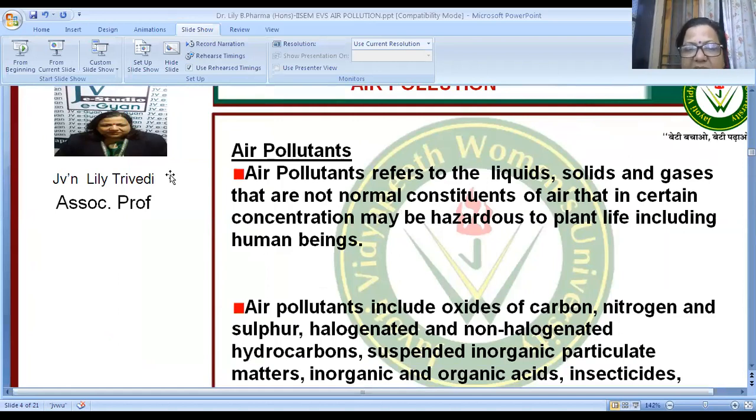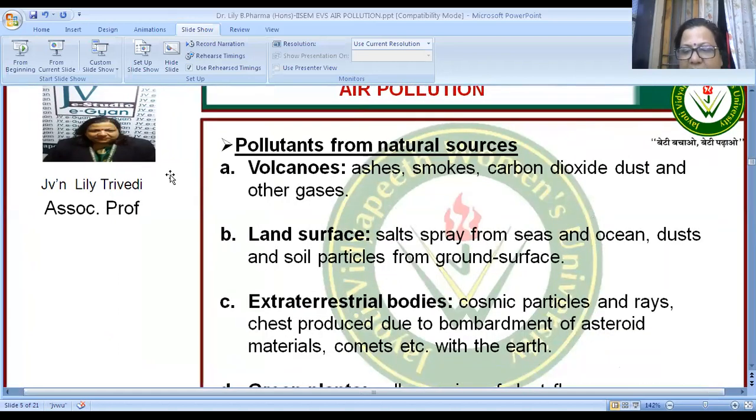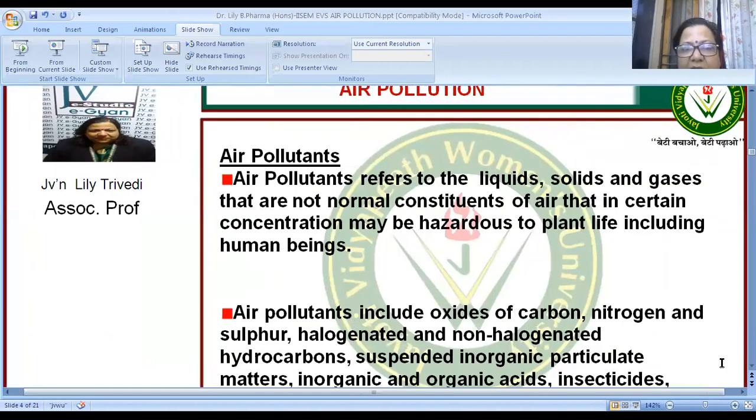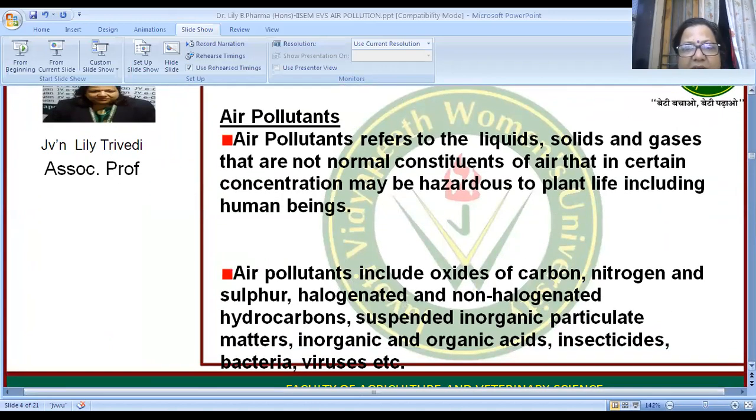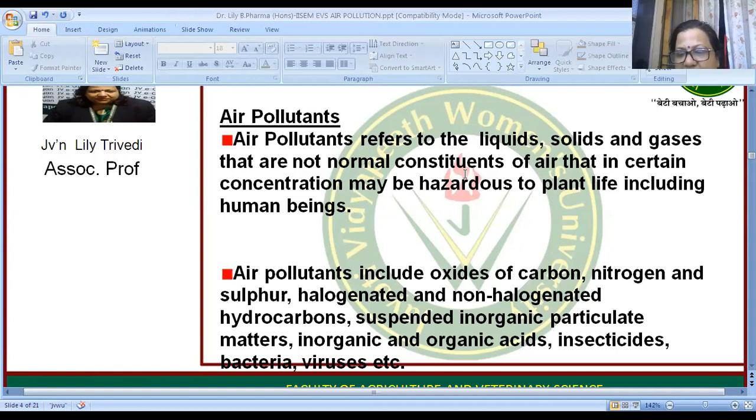They also consist of suspended inorganic particulate matter and organic acids, insecticides, or inorganic insecticides, bacteria, viruses, fungal spores, and carbon material, and all of these are responsible for air pollution.